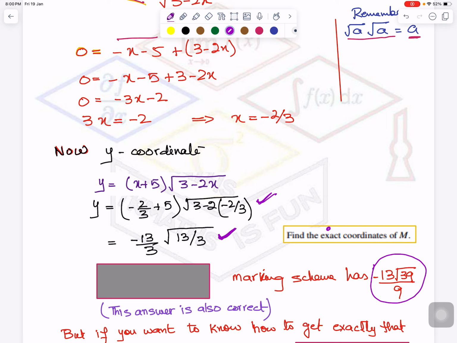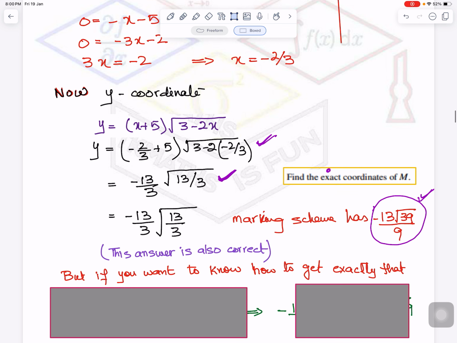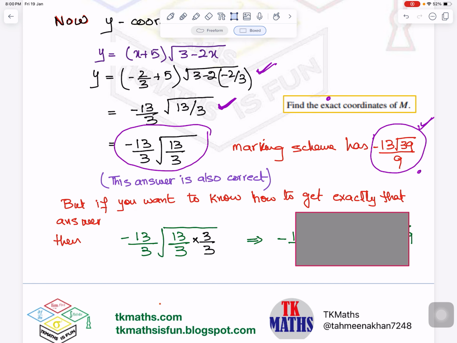But if somebody is wondering how this form was found, let me explain it to you here. To get this answer, 13 times root 39 divided by 9, I am multiplying the whole answer which I have gotten here by 13 upon 3, with 3 upon 3 inside the square root.